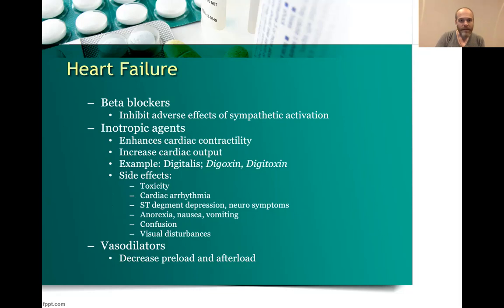They work because they actually increase cardiac output, but they enhance the contractility. So every contraction of the heart has a higher quality and amount of blood that it pushes. So it's enhancing the heart a little bit, so it can work a little bit better.